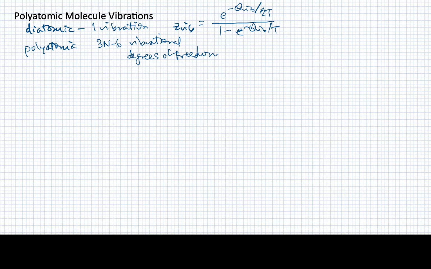Well, the best I can do is describe for you using a simple model, a simple molecule, to show you what it might look like. If I have water, which is a bent triatomic molecule, it's going to have 3n minus 6 vibrational degrees of freedom. Well, the n is the number of atoms it has, so that's 3, so it's 9 minus 6, or 3 vibrations that it will have.